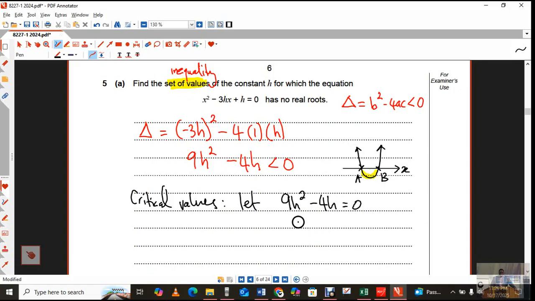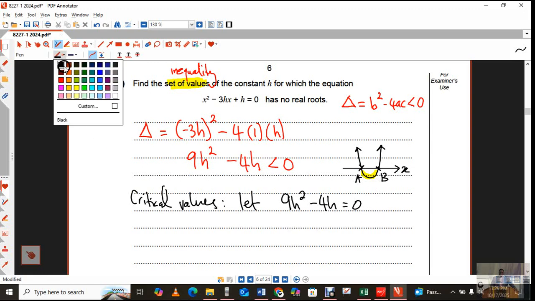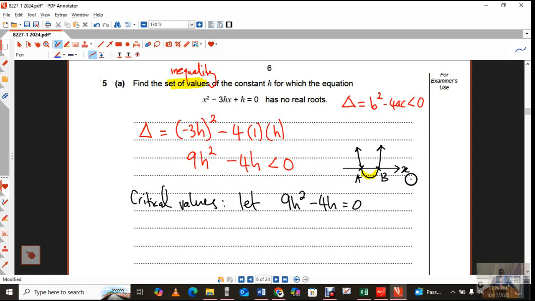Okay, so what I mean by that is that I know the solution I'm going to look for eventually will be given as x in the middle, and my a value will be there and my b value will be there. This is what I'm going to look for, because that yellow part is below the function. Right. If you were now to factorize this, h is common, then I have h times 9h minus 4, which equals 0.